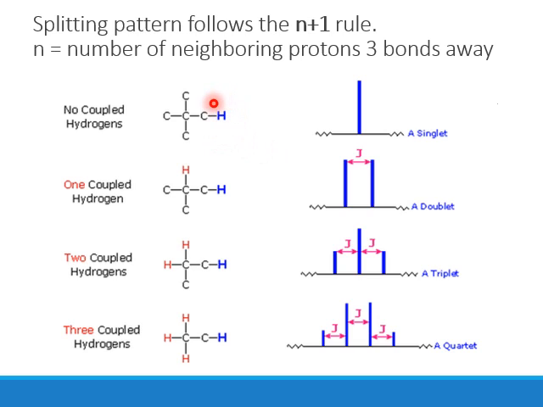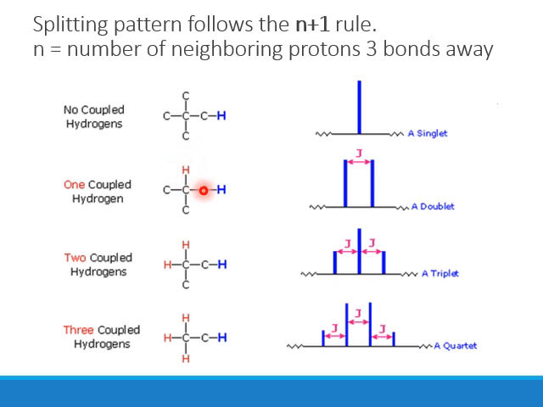So for example, here this hydrogen has no hydrogen neighbor. A neighbor is defined as 3 bonds away: 1, 2, 3. So you can see that 3 bonds away, there is no hydrogen to be called a neighbor of this hydrogen. That's why this hydrogen will have a singlet. But for this hydrogen, 1, 2, 3, there is another hydrogen, one hydrogen.